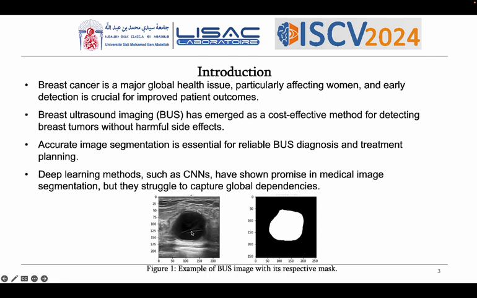As we can see here in figure 1, we have an example of a BUS image with its respective mask. In our work, we are going to use a dataset which comprises BUS images with their respective masks.